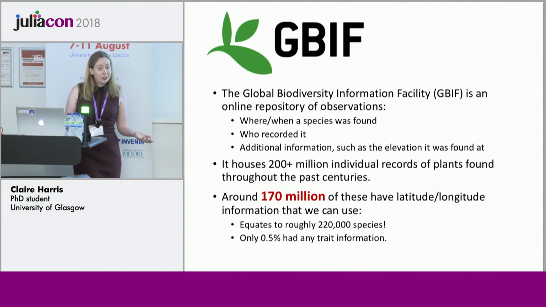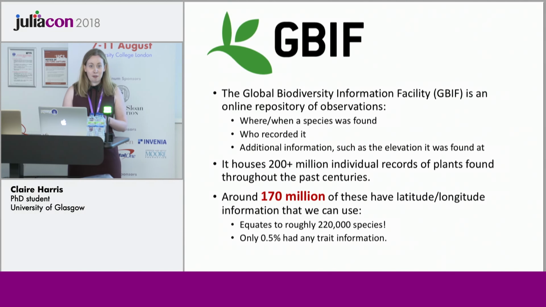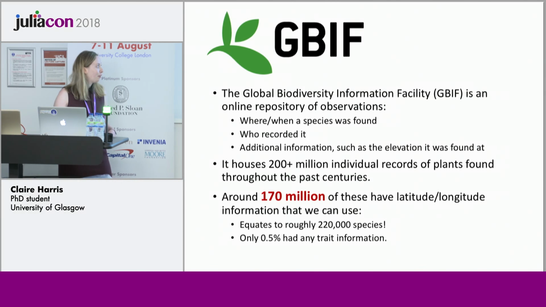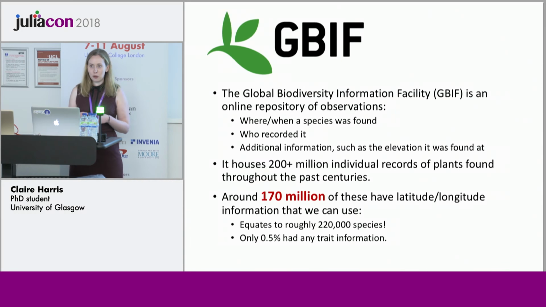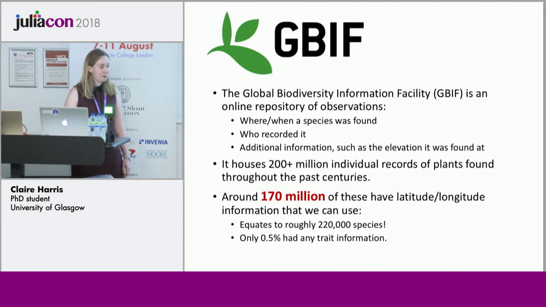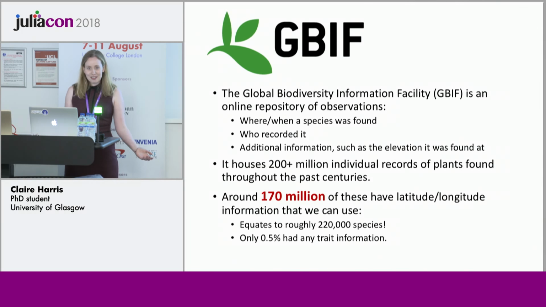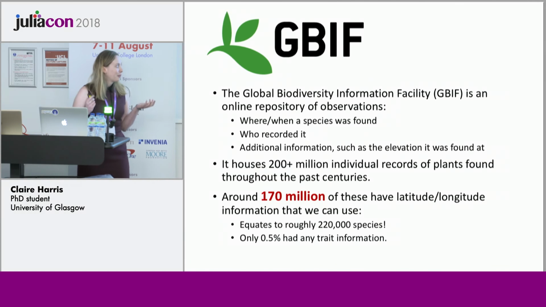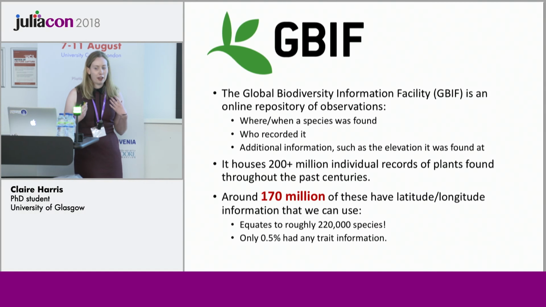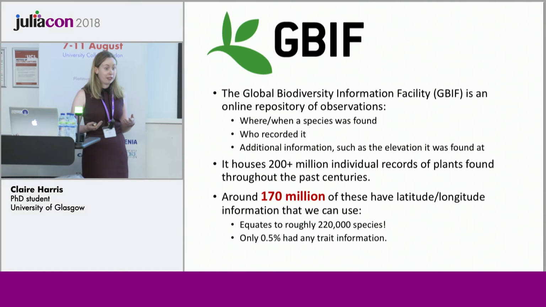And when we looked on GBIF for plants, we found around about 170 million observations that actually have the right kind of geographical coordinates we need to use them. So this is about 220,000 species, which is quite a lot of data. But if we were going to put them into a model, we wanted to know exactly how they were going to behave and respond in their environment.